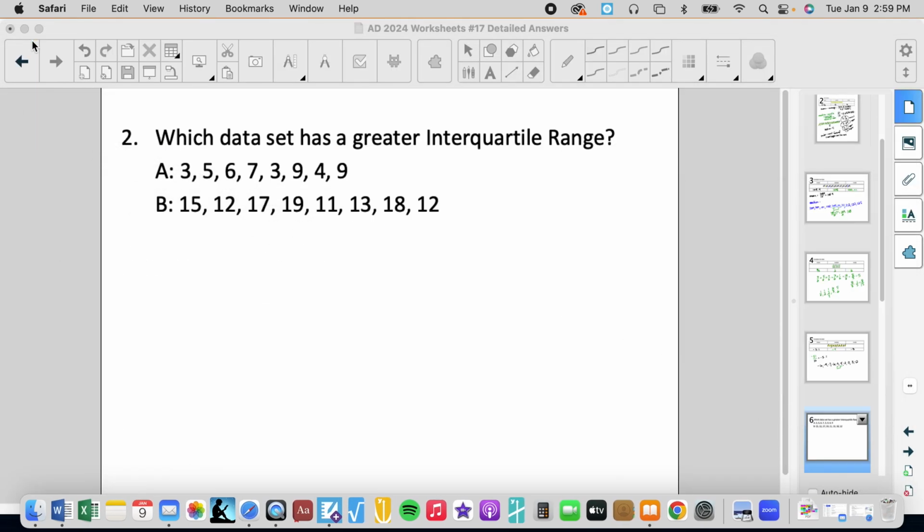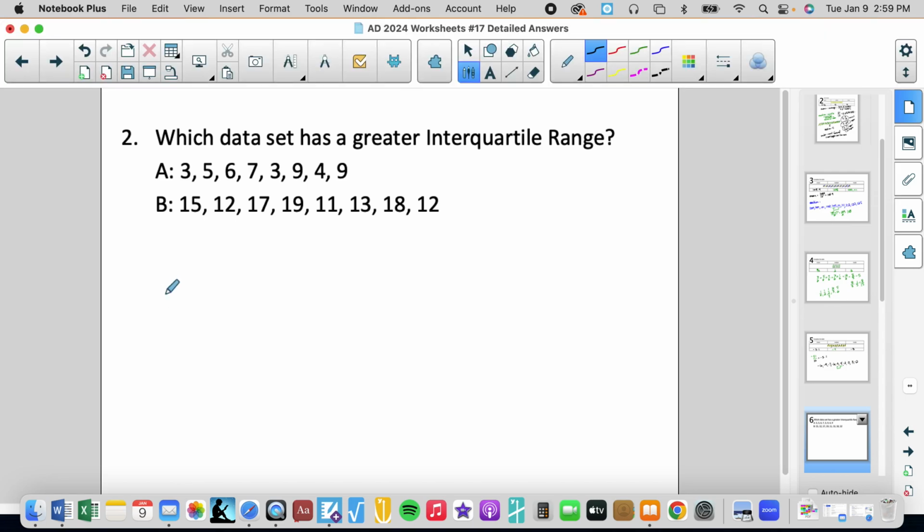All right. So, which set has the greater interquartile range? So the difference. So let's do this. Let's do 3, 3, 4, 5, 6, 7, 9, 9. So if we break this into 4s, there are 1, 2, 3, 4, 5, 6, 7, 8.